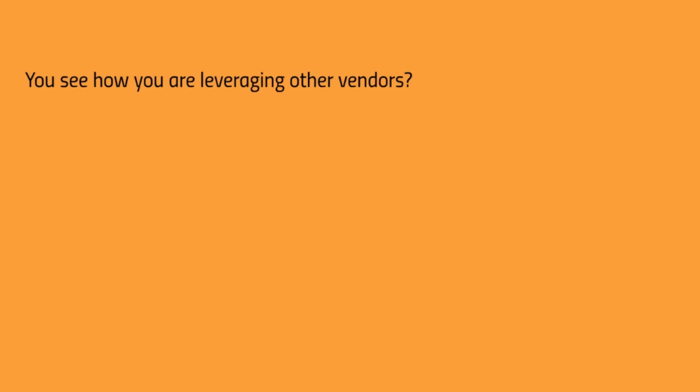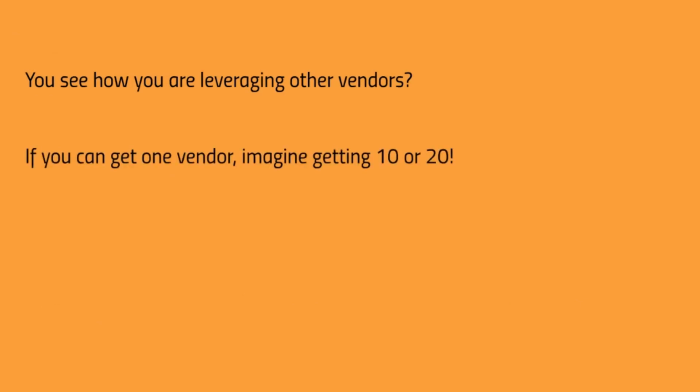So you see how you are leveraging other vendors. If you can get one vendor to put this on their thank you page, and even if you're getting a few subscribers a day, those are actually building your customer base list. So imagine if you're getting 3 or 5 subscribers from each vendor, you could have anywhere from 10 to 50 different people coming to your list every single day.